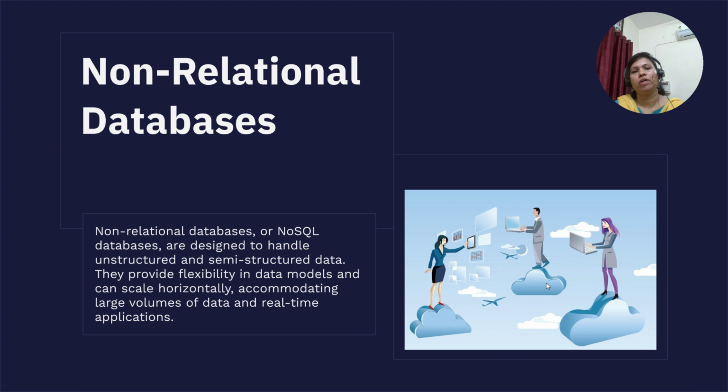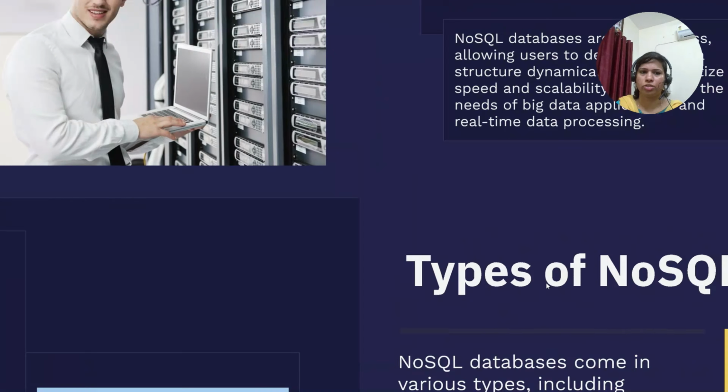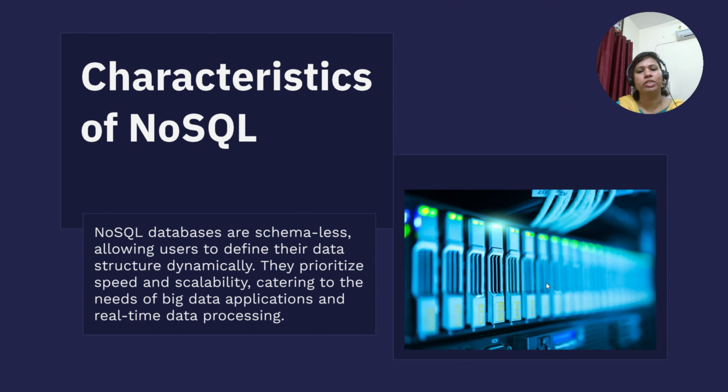The data will be managed or scaled horizontally, and it will accommodate large volumes of data and also real-time applications. A characteristic of NoSQL is that it doesn't have a proper schema, because it's not in a structured form. It doesn't have a proper data structure.